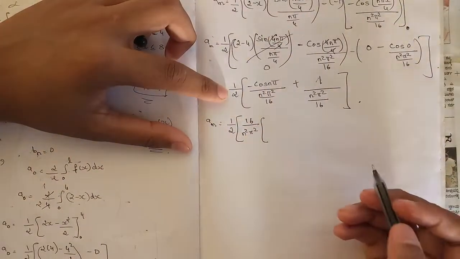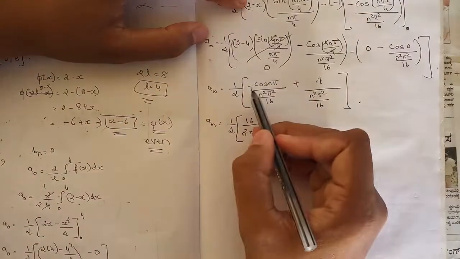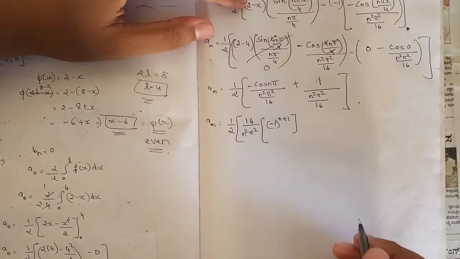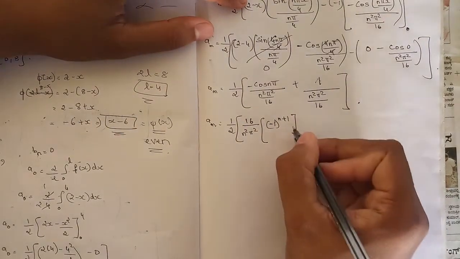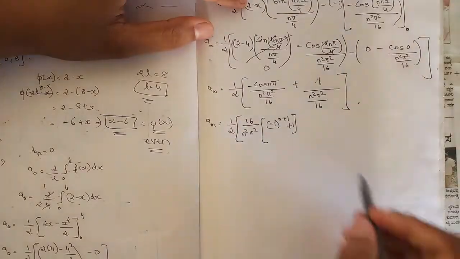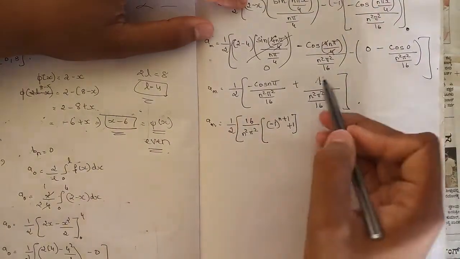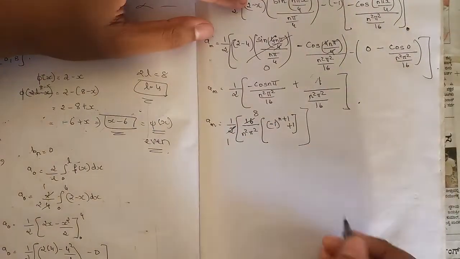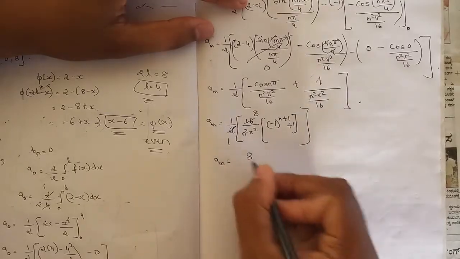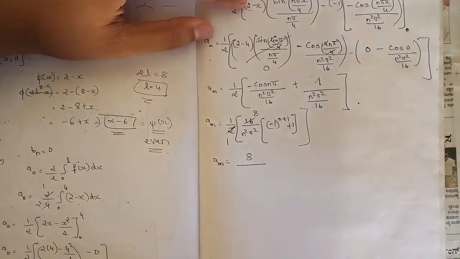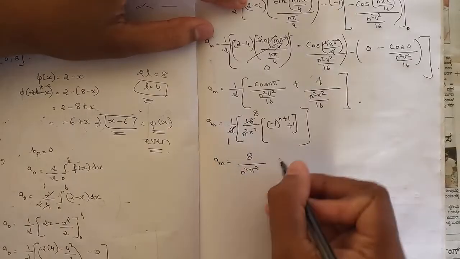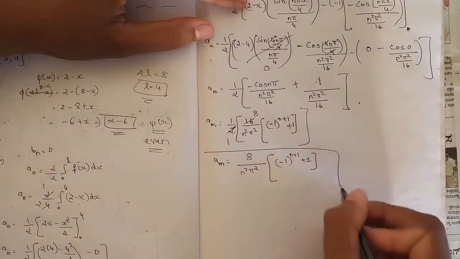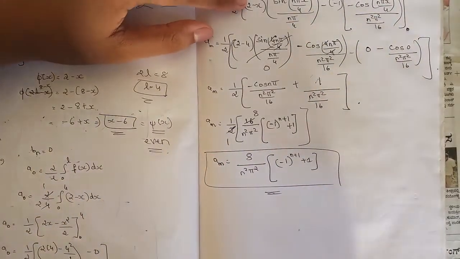The value of cos n pi is minus 1 to the power n, and there is a minus sign, so we can write it as minus 1 to the power n plus 1. Plus 1, because we took this outside, right? So 1 remains. Here again 2 1s are 2, 8s are. So the final value of an is 8 by n square pi square, minus 1 to the power n plus 1, plus 1. So this is the required value of an.